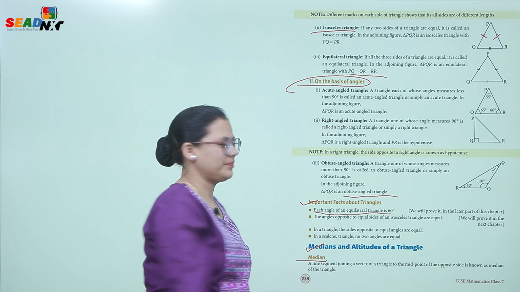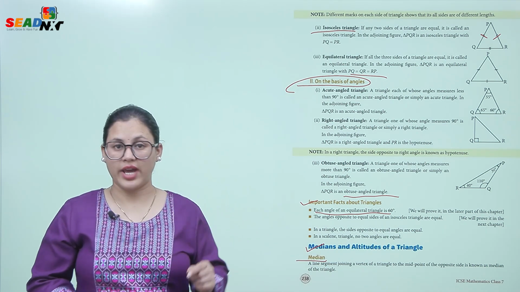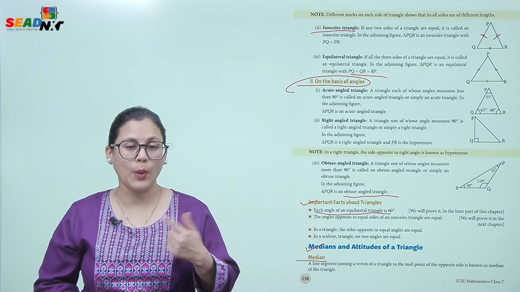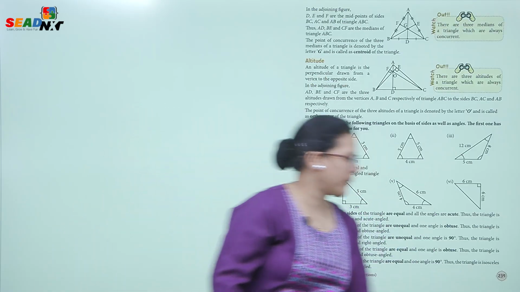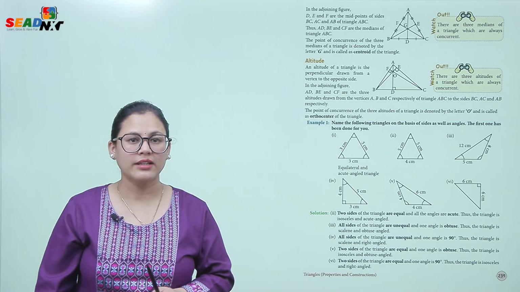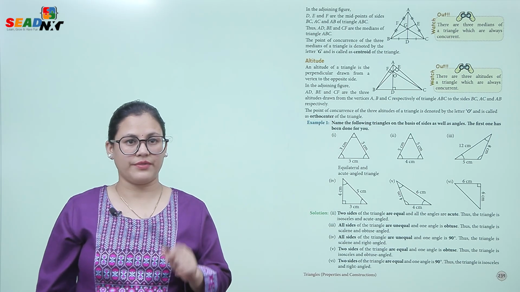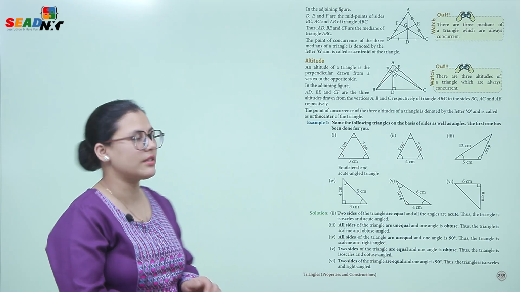First, median. A line segment joining a vertex of a triangle to the midpoint of the opposite side is known as a median of a triangle. See, in the adjoining figure, D, E and F are the midpoints of sides BC, AC and AB of triangle ABC, as you can see.